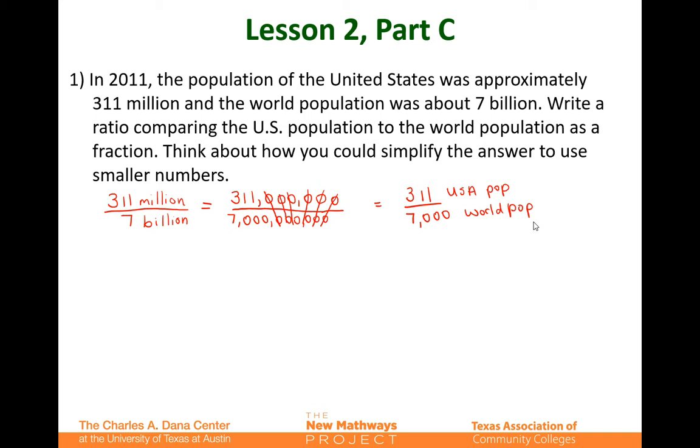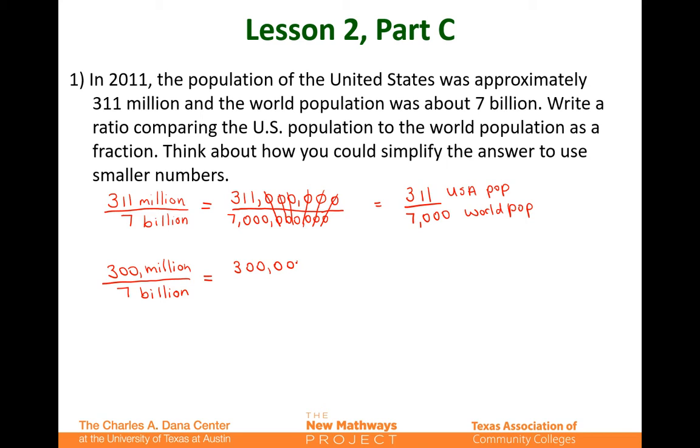If we wanted to round more, we could round this to the nearest million and say, look, we're going to compare 300 million to 7 billion. By simply rounding this to 300 million, we can take off some more of those zeros.